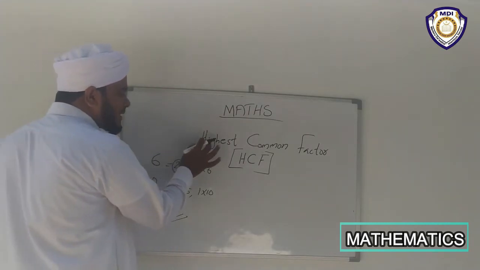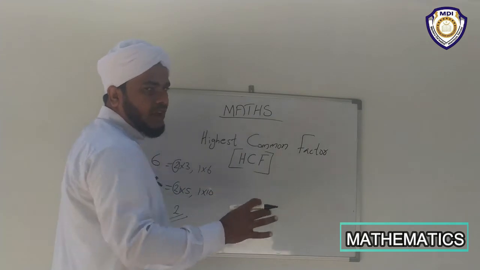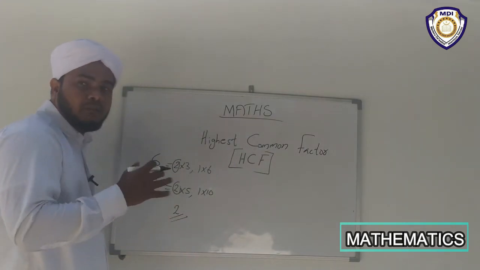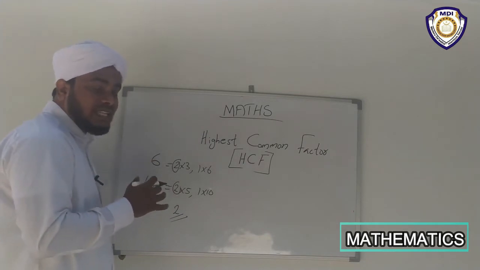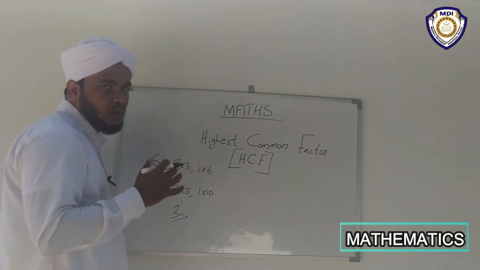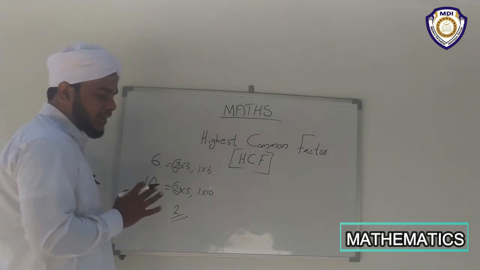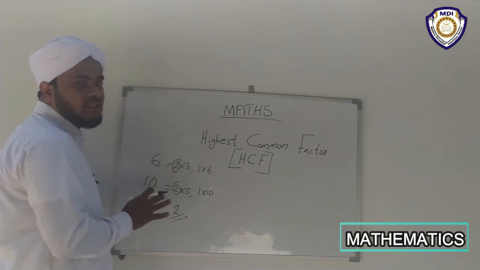In our discussion about the highest common factor, if there are more common factors, we have to take the highest one, not the smallest. Here there is only one common factor, so this is the highest common factor.